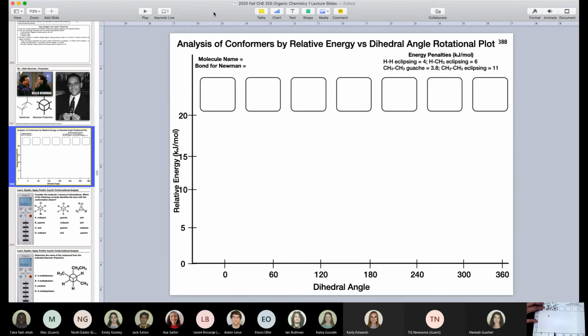So we go over for this, here's 5, we're at 3.8. So now we put a data point there. We'll draw the line in after we do a couple more rotations. So we're going to do another 60-degree rotation, and what you'll find now is we have a new interaction, methyl-methyl eclipsing.